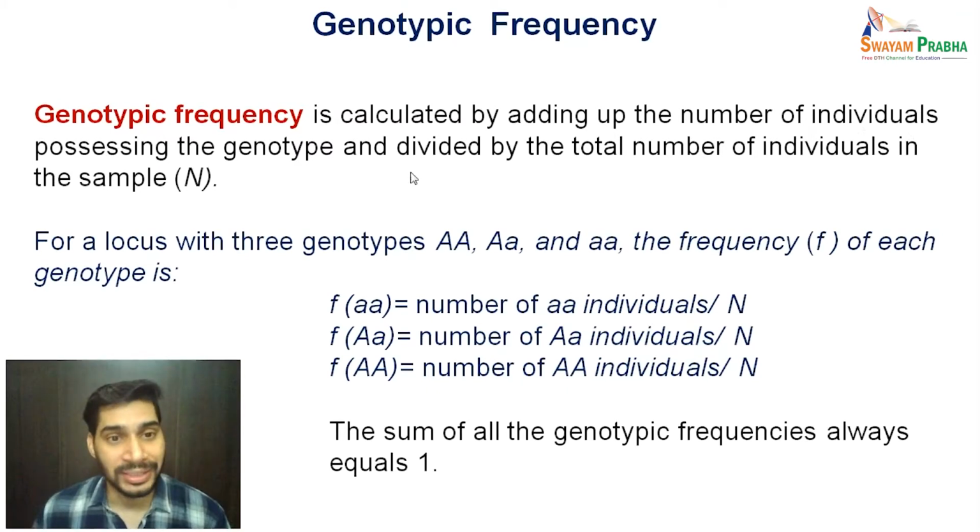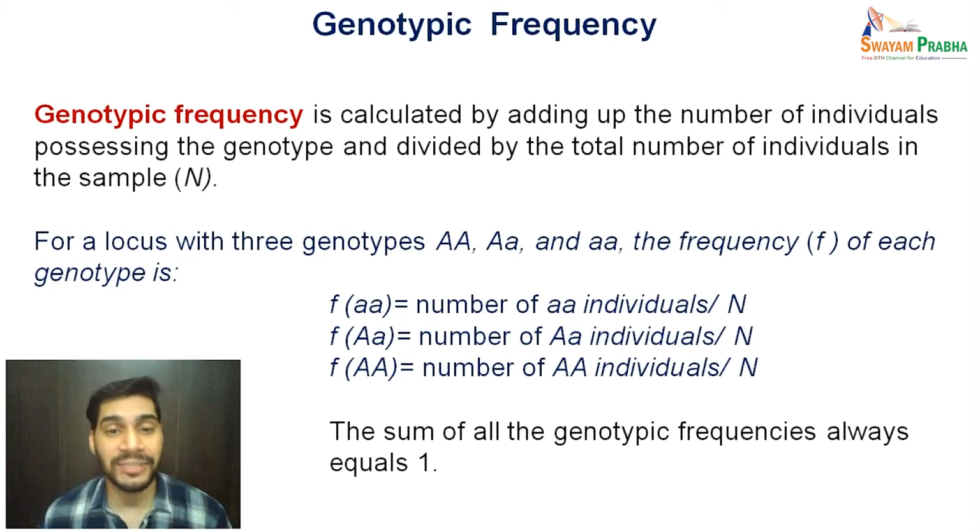For a locus with three genotypes, let's say the dominant homozygotes, heterozygotes, and the recessive homozygotes, that is capital A capital A, capital A small a, and small a small a respectively, the frequency of each genotype is calculated as follows. The frequency of recessive homozygotes will be the number of recessive homozygous individuals in a population divided by the total number of individuals.